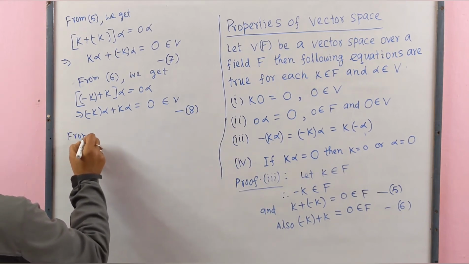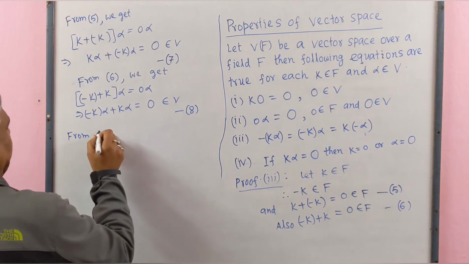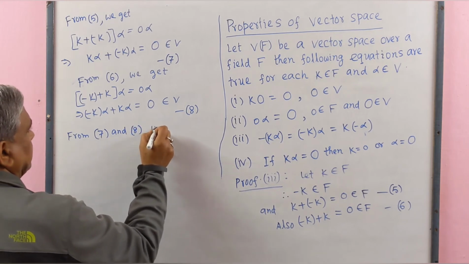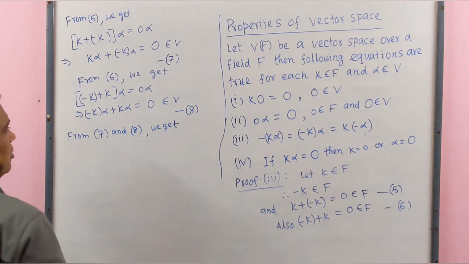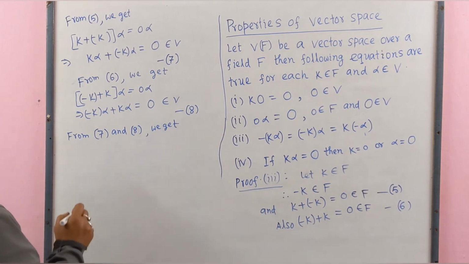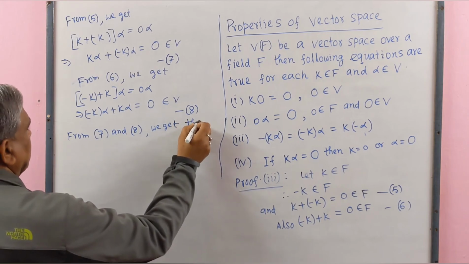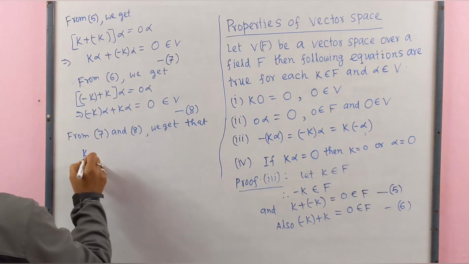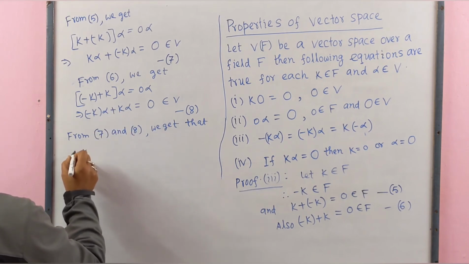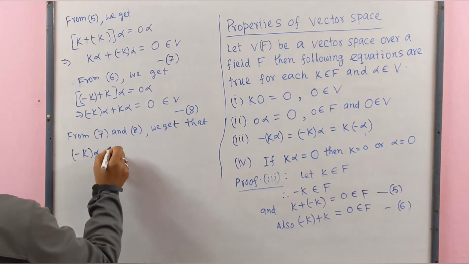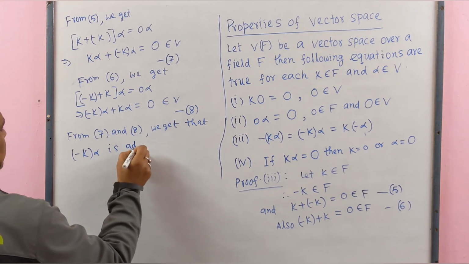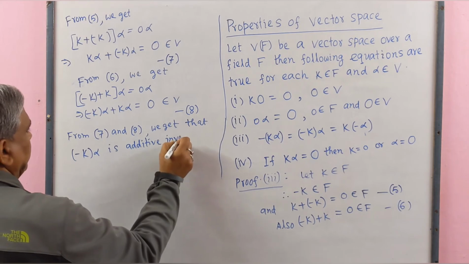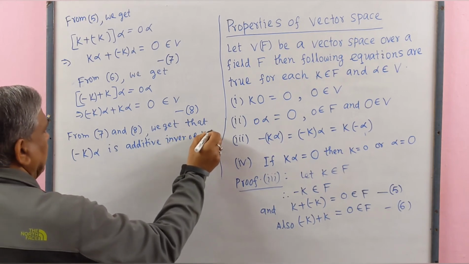From 7 and 8, we get that (minus k) alpha is the additive inverse of k alpha.